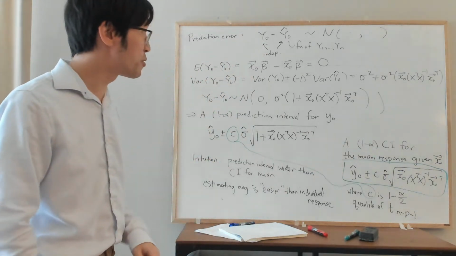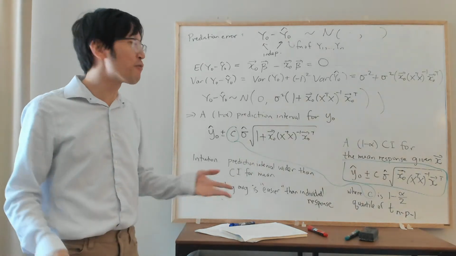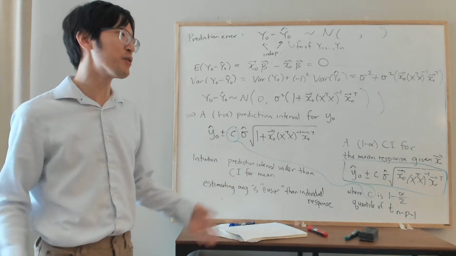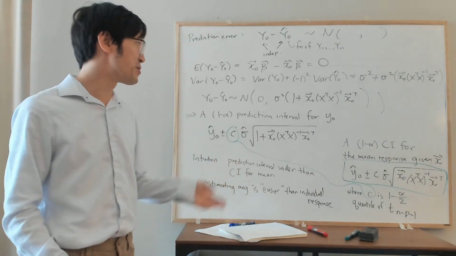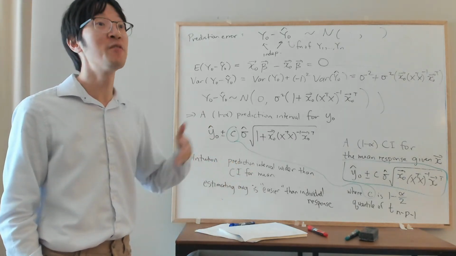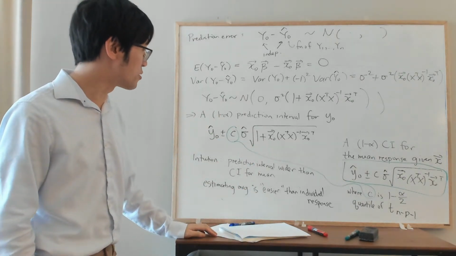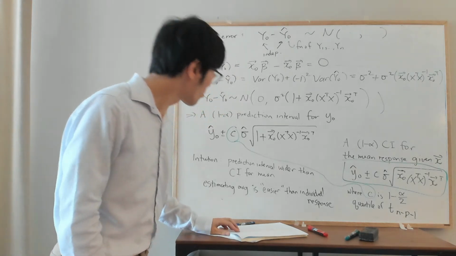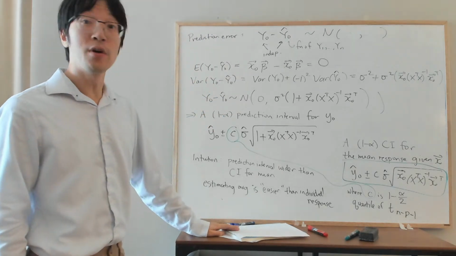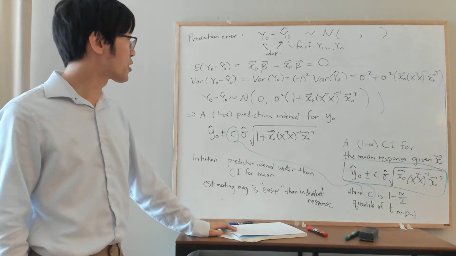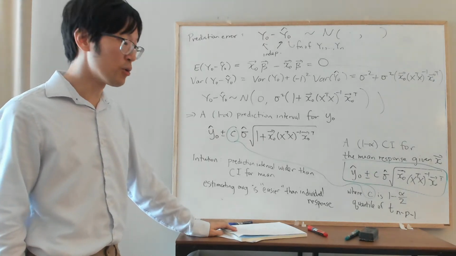Intuitively, it's easier to estimate the average of 100 responses than to estimate the value of an individual response within that 100. So that's why you see this difference between these two expressions. Okay, so now we have completed how to do prediction for multiple linear regression.